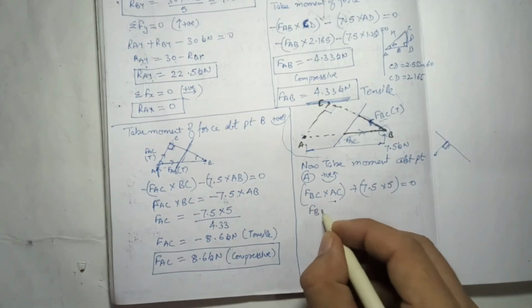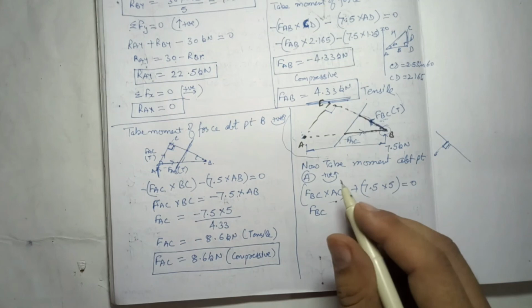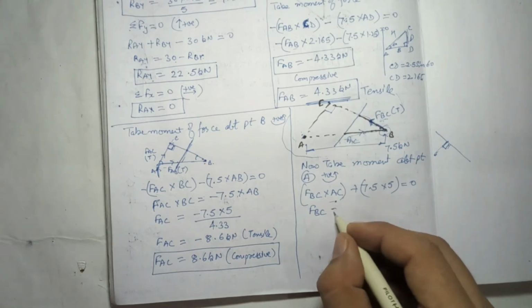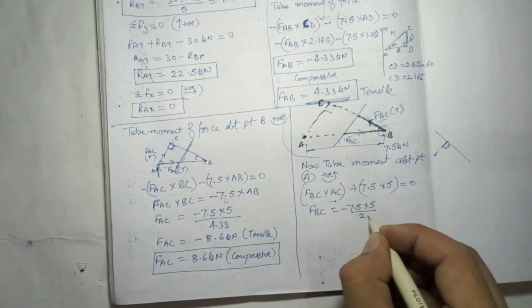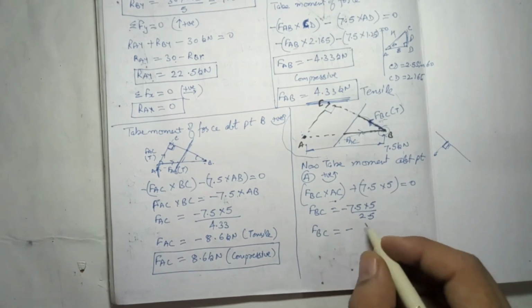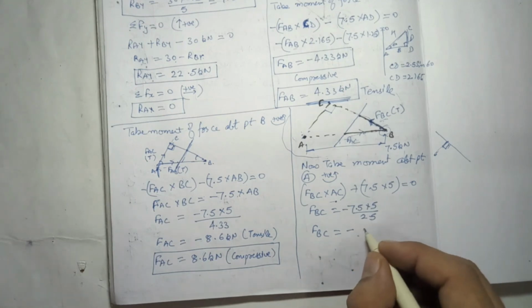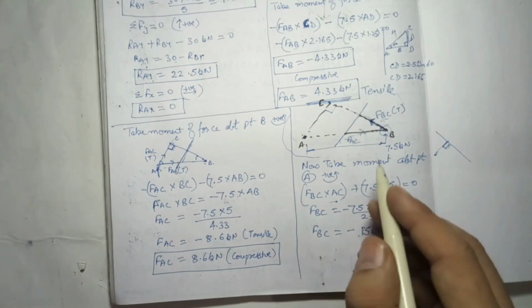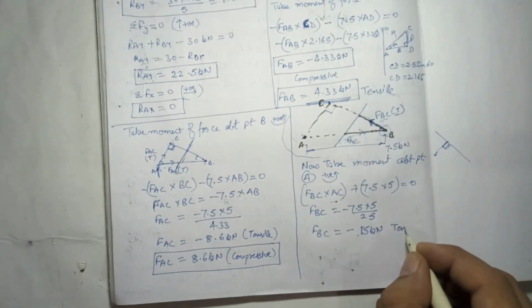So FBC we can find out. The AC value we calculated in the part where we calculated the lengths, and that is 2.5. So FBC is equal to minus 7.5 into 5 divided by 2.5. When you calculate, it comes to 15 kilonewton, and the assumed direction of FBC was tensile.